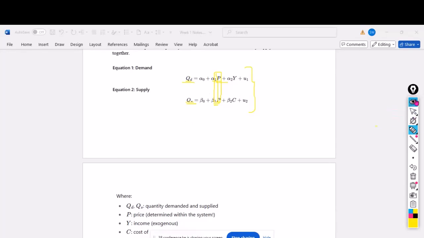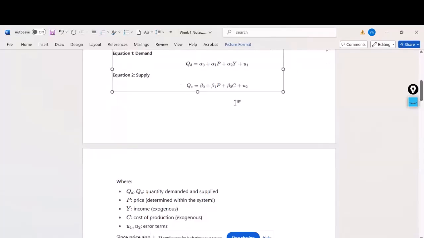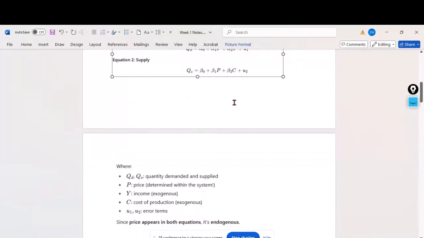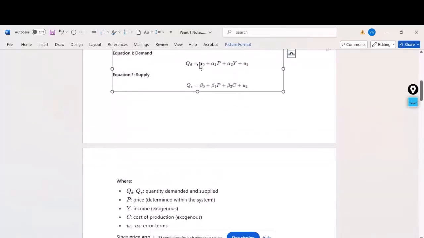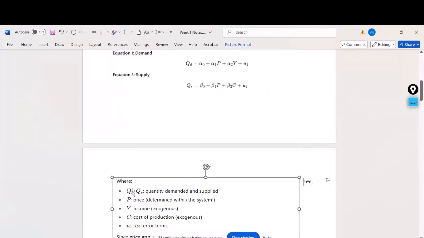So I have put those equations there, the simultaneous equations, and we are saying that the first equation is quantity demanded is affected by price and income. I have put an explanation that QD and QS are the quantity demanded and quantity supplied.